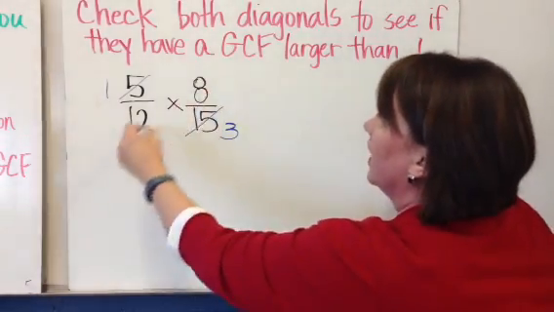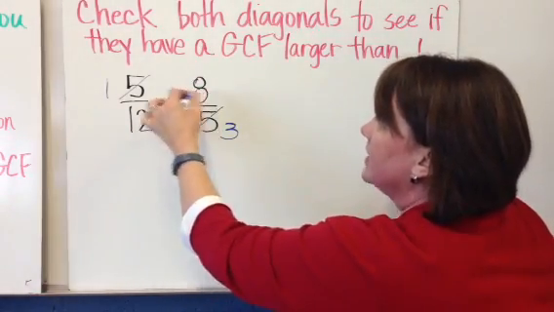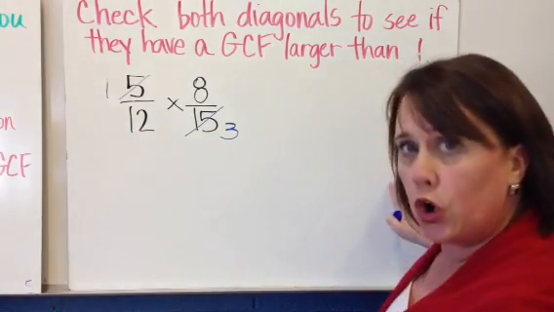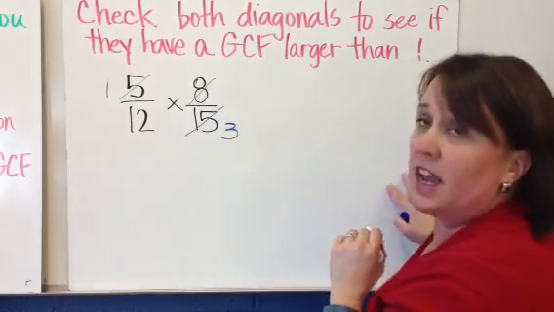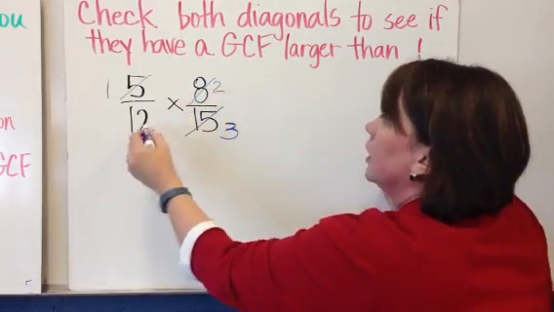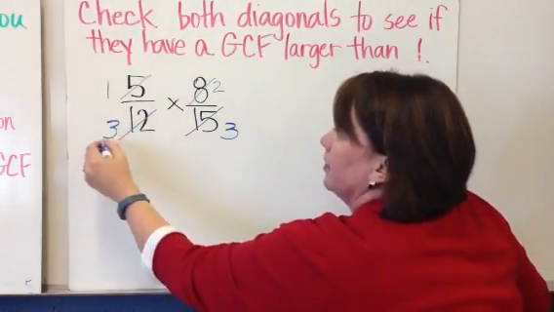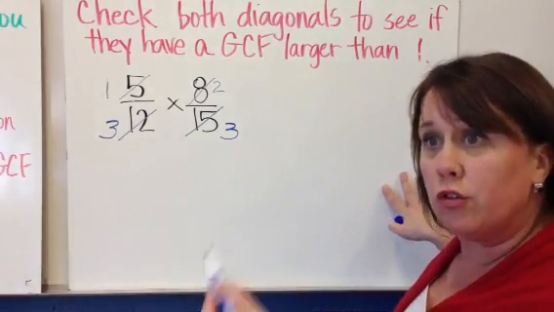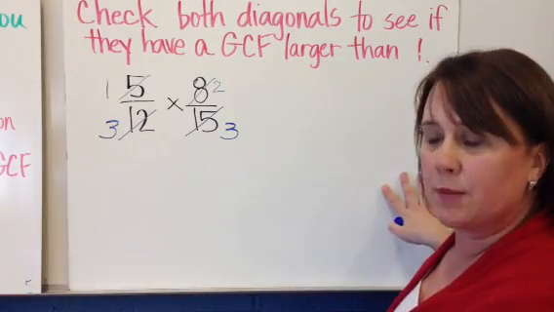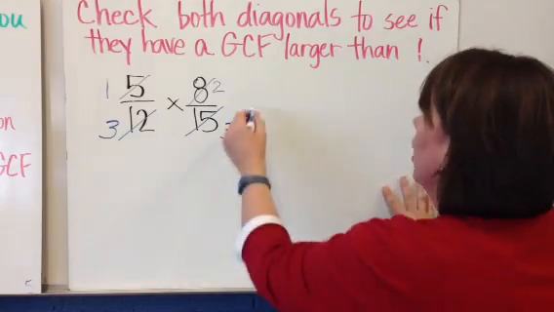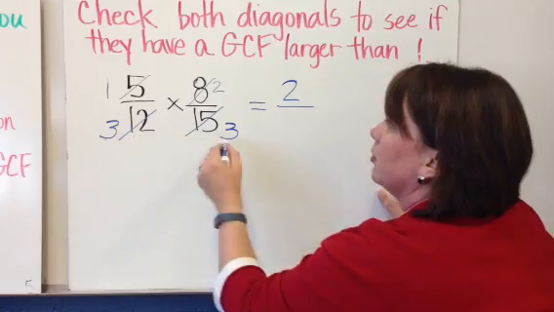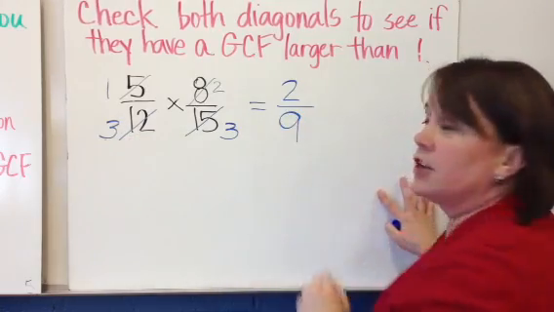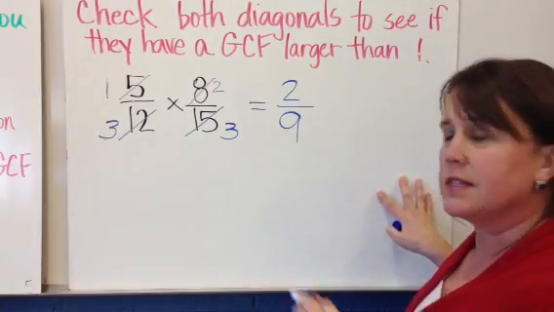Likewise, if I look at the other diagonal, I see 8 and 12. 4 goes into both 8 and 12, and 4 goes into 8 twice. It goes into 12 3 times. So now I have new numerators and denominators, and I multiply those. 1 times 2 equals 2. 3 times 3 equals 9. And 2/9 is already in simplest form.